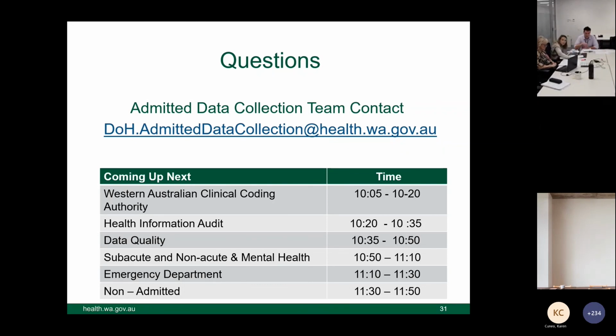The reason for this time lag is that there is an extensive validation process that occurs to ensure that all data submitted to HMDC is complete and of a high quality. So any errors or unexpected data is returned to sites for clarification and or correction. This process is managed by the data quality team, who will be speaking later on in the presentation.